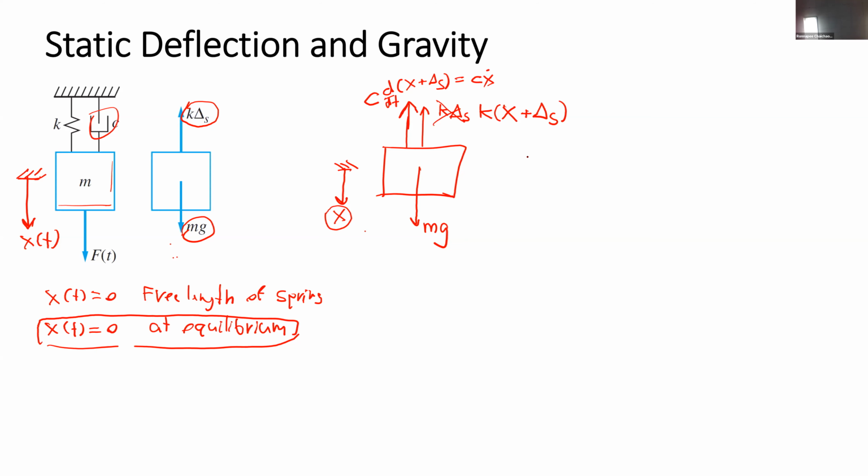So if you do the summation of force in the vertical direction and take downward as positive, what you get is mg subtract k times x plus static deflection, and subtract c x dot.